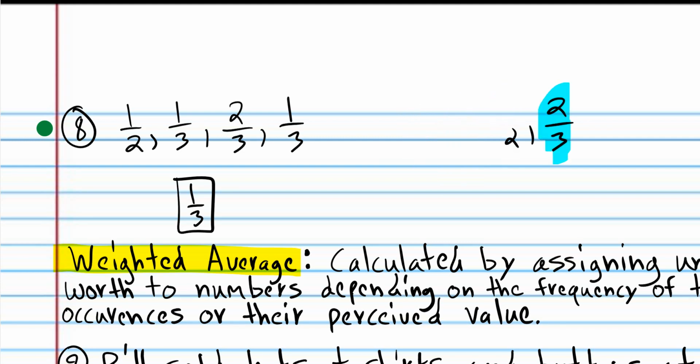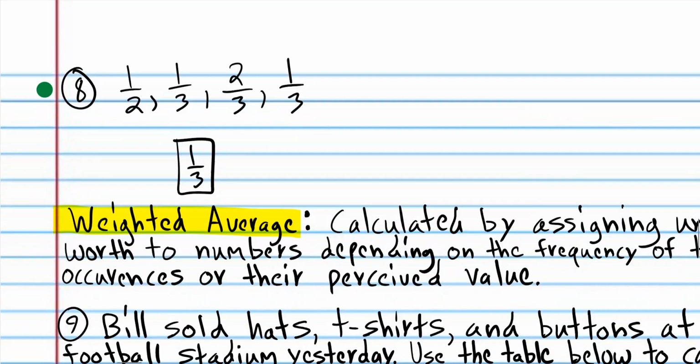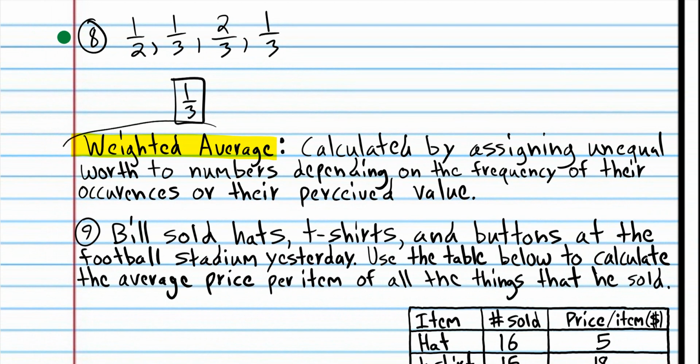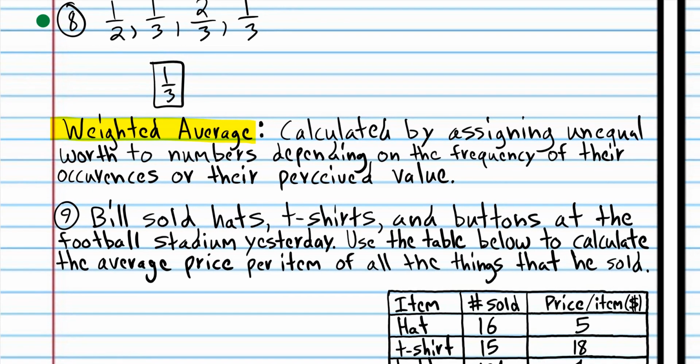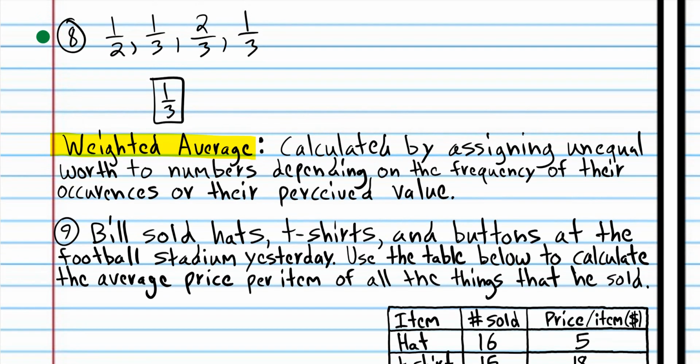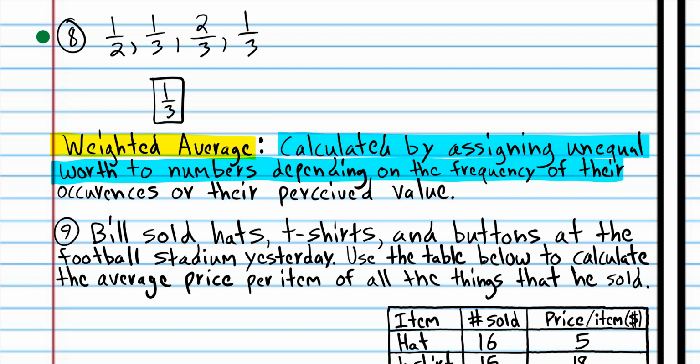And that brings us to another important point, and that is weighted average. As long as we're discussing average, it may be good to go over weighted average. Weighted average is calculated by assigning unequal worth to numbers depending on the frequency of their occurrences, like 1/3 for example, or their perceived value.